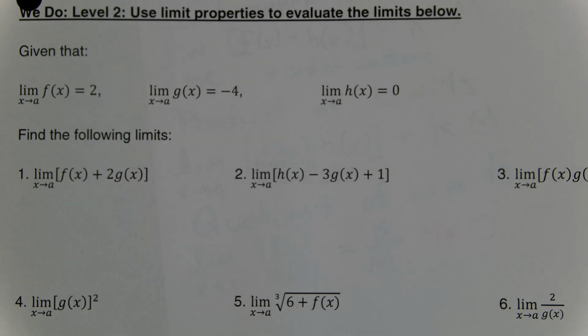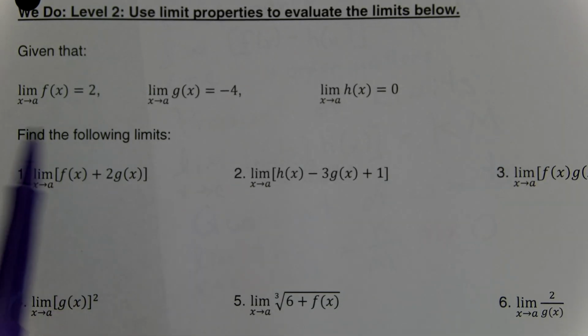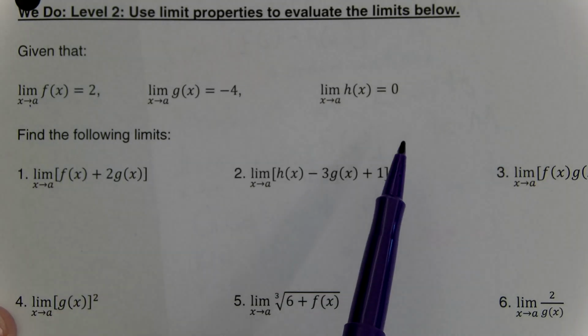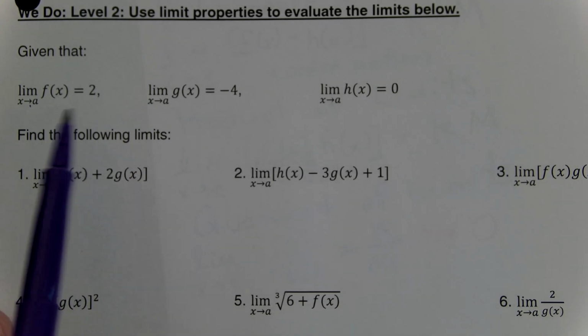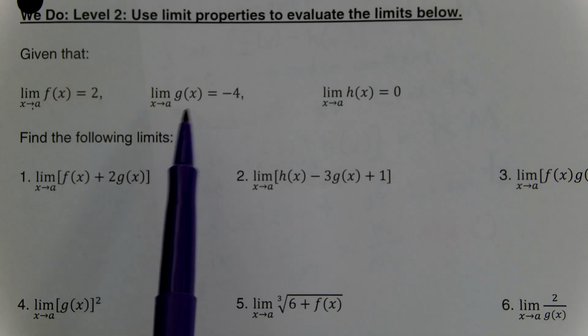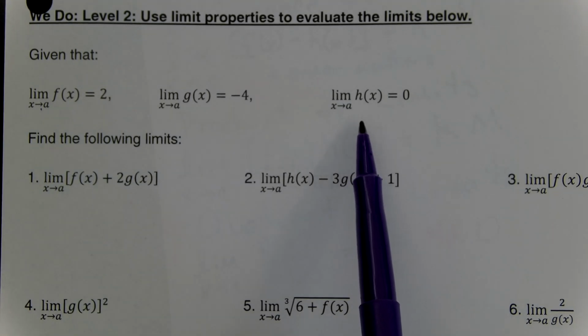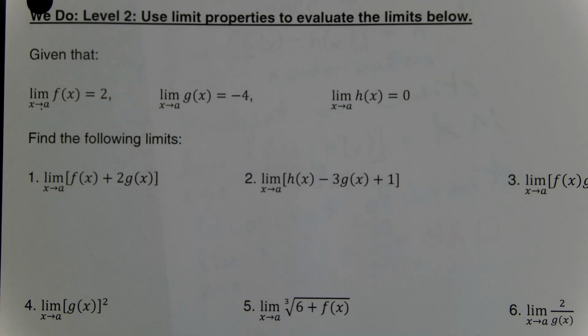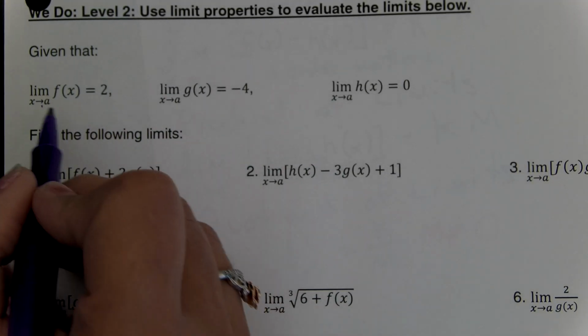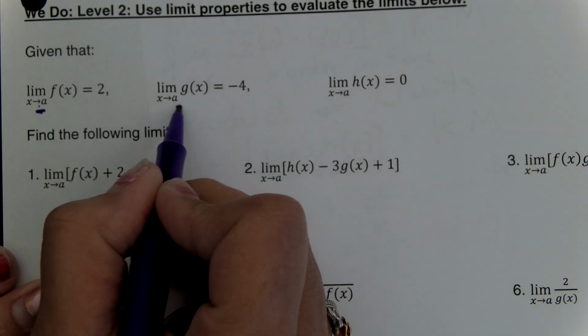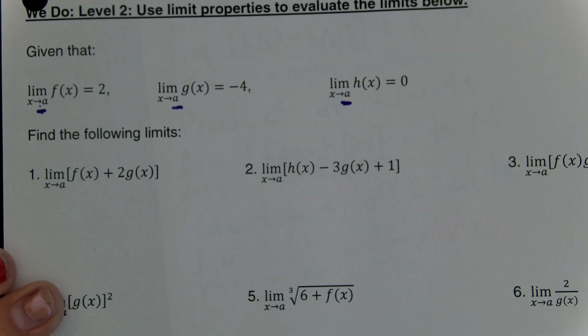Let's look at level 2. So we have values for 3 different functions. We have a value for f, a value for g, and a value for h. When we're doing limits, you have to make sure that all of these x's are going to the same value.